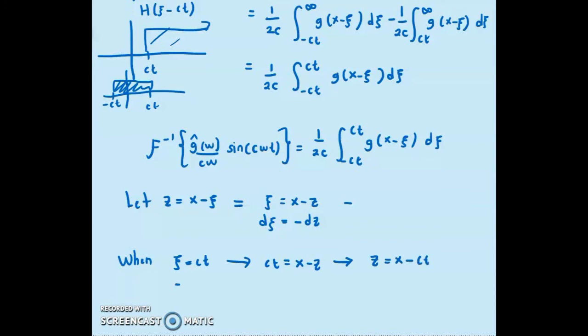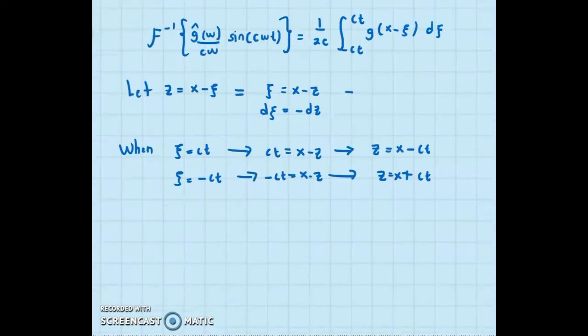Similarly, if psi is negative ct, I have negative ct equals x minus z, which gives me z equals x plus ct.